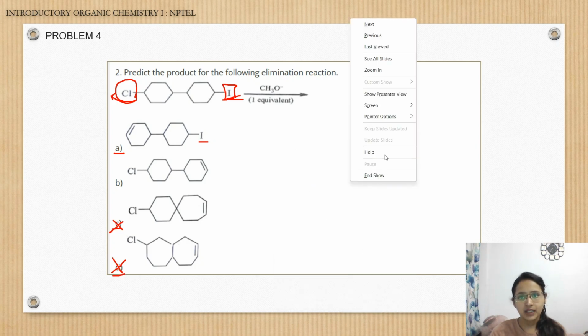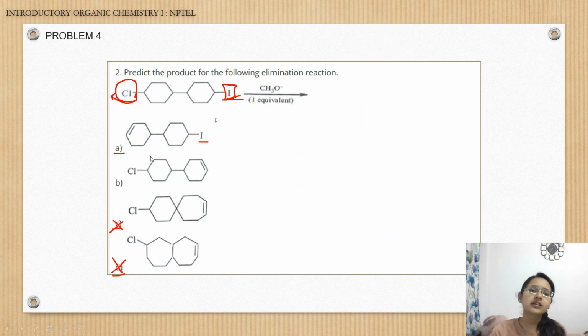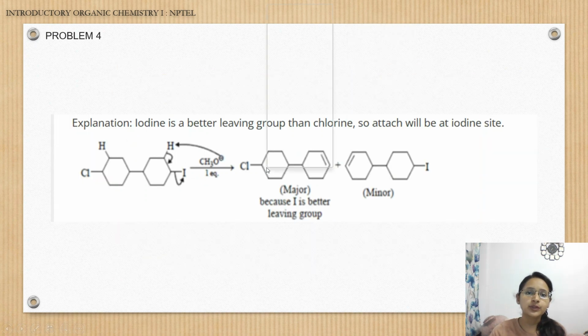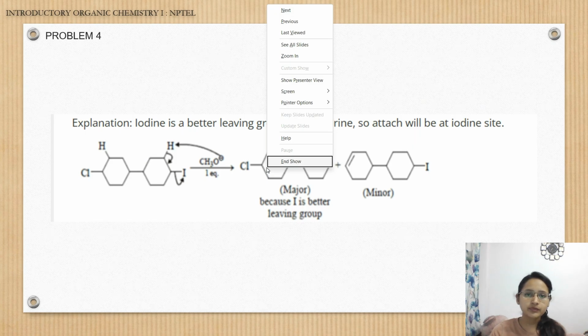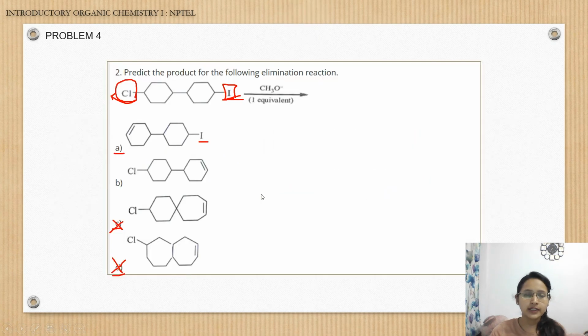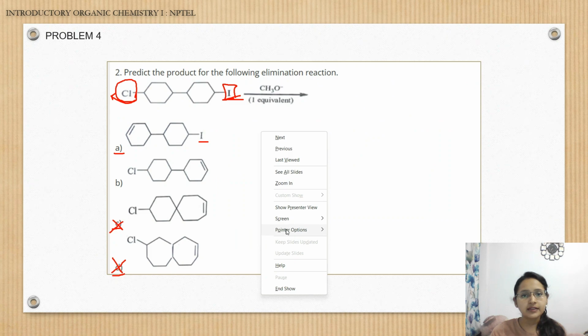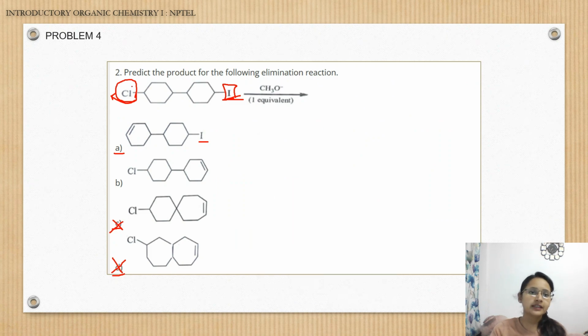Option B. Yes, option B will be the correct one. Why? Because, as I have told you, iodide is a better leaving group than Cl. That is why, if you have only one equivalent in the system, it will abstract a proton from this side very readily compared to the Cl, and you will end up with this alkene and the Cl remains in the system.